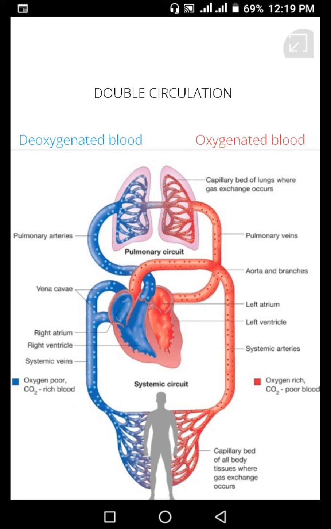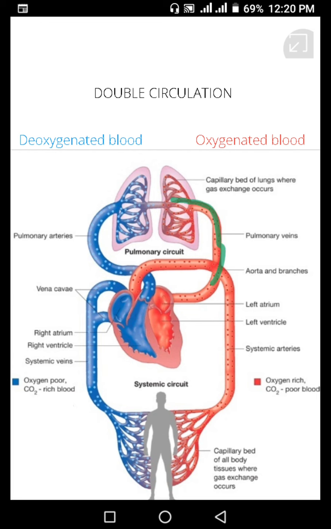Then oxygenated blood is blood which is rich in oxygen. Blood which is rich in oxygen. So this blood which is rich in oxygen from the lungs enters the heart again through a blood vessel called the pulmonary vein.